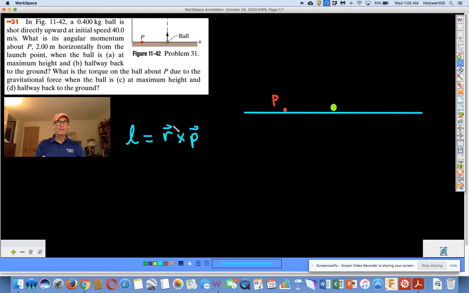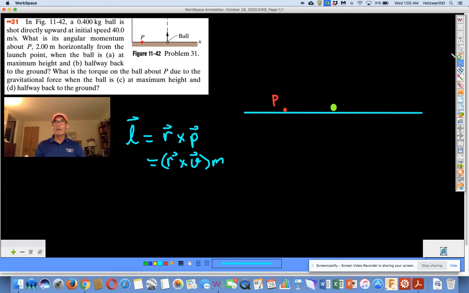R is a vector, momentum is a vector, angular momentum is a vector. But the quintessential idea here is that r would cross with p. It's not the m so much, but it's the velocity vector. Those two need to be perpendicular to one another to satisfy the relationship.